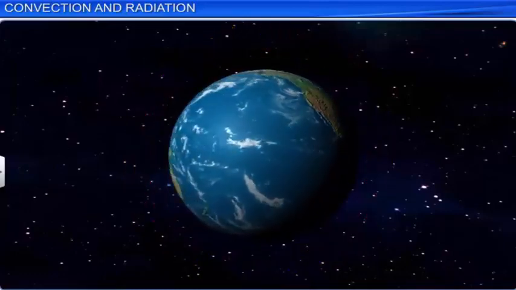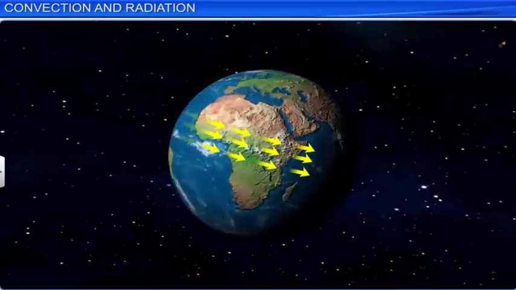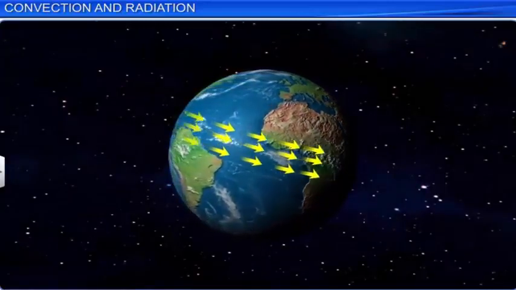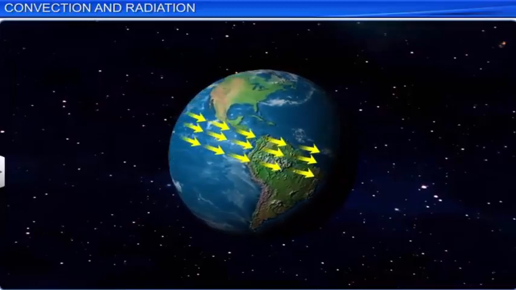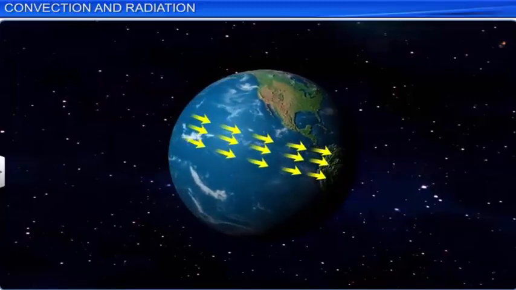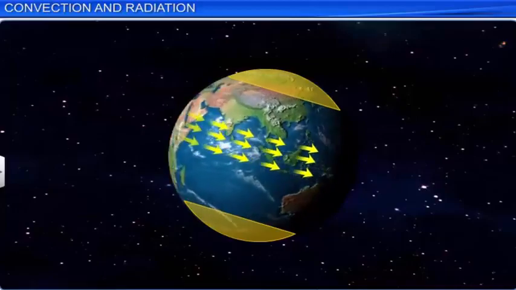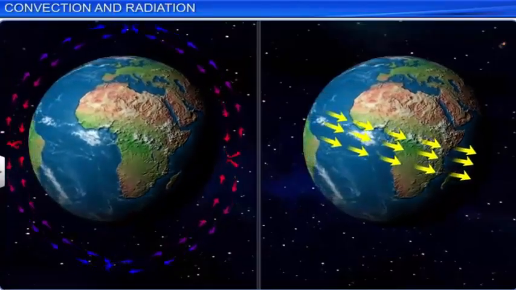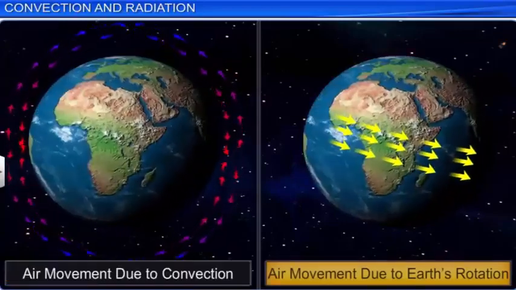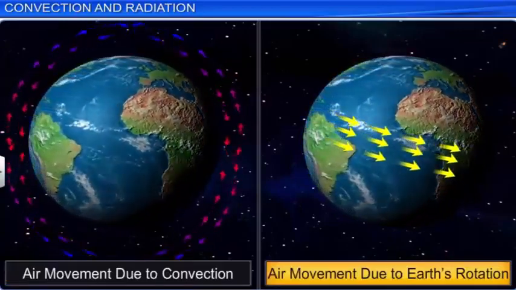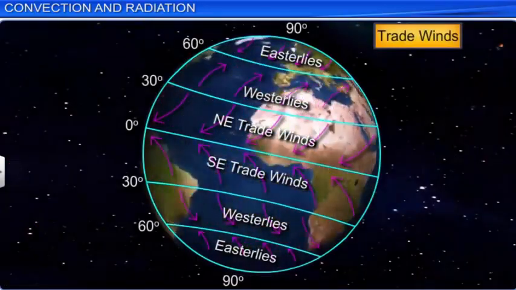But because of the Earth's rotation, air at the equatorial region moves with a speed of 1,600 kilometers per hour in the eastward direction, whereas the speed of these winds is almost zero at the poles. These two movements of air, one because of convection and the other because of the Earth's rotation, result in trade winds.